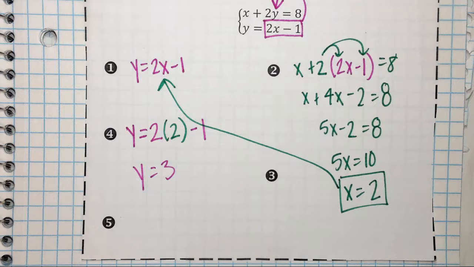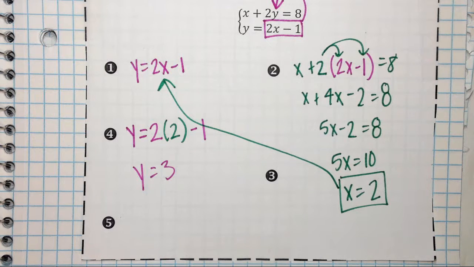Now, why do we write it as an ordered pair or a coordinate? So you can graph it? Kind of. Look back at your notes where we wrote down on page 41 about what a system is. And we wrote what a solution to a system is.